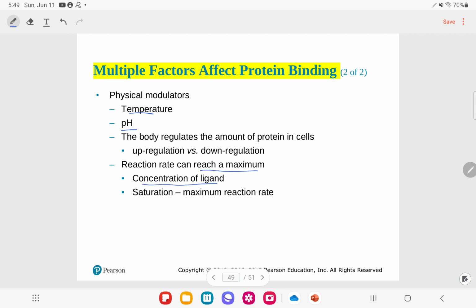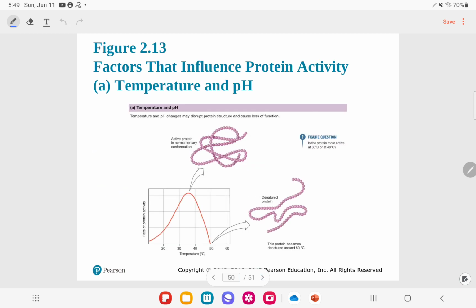So the concentration of the ligand: how much ligand is there to bind? And are all of the protein binding sites saturated? Are they all used up? So these are factors that will affect protein binding, okay?